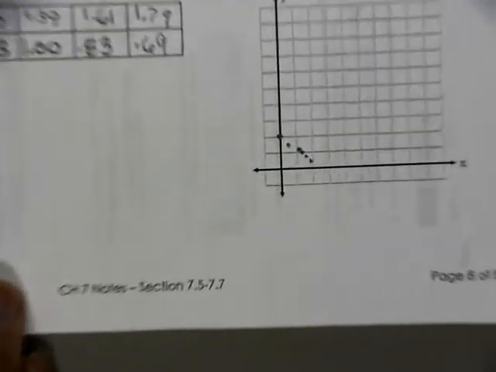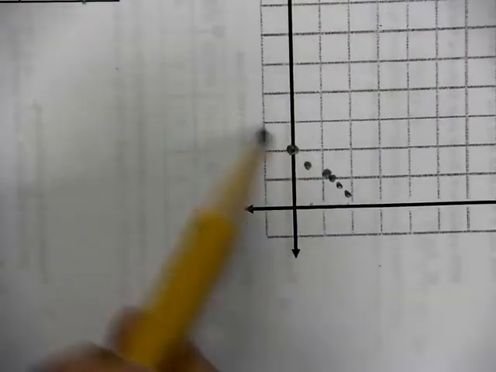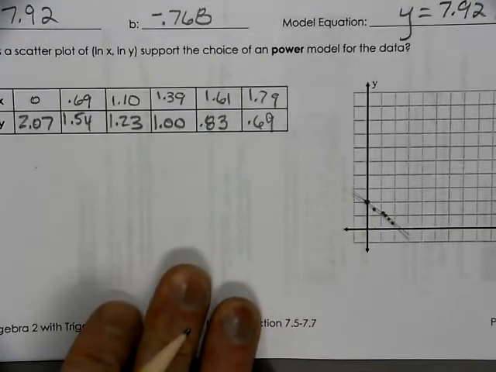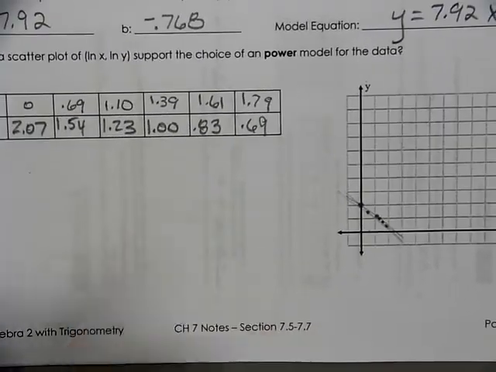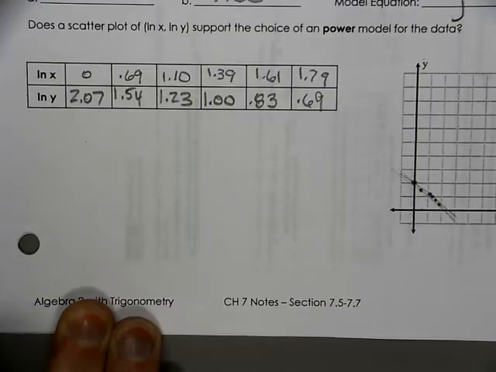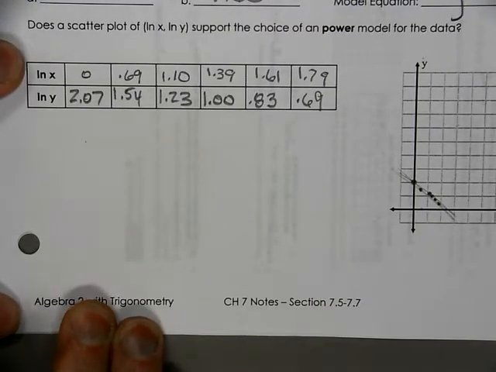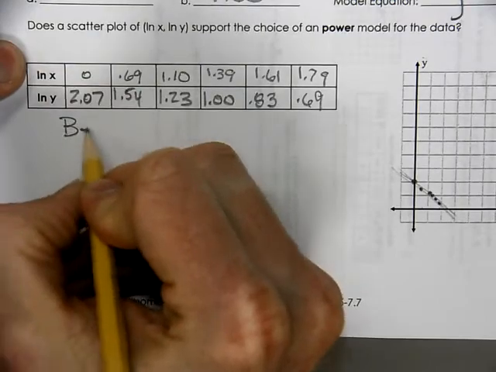So if you notice, if you kind of zoom in there, I'm just plotting points on a graph, but those are pretty linear. So that means that the data that they had in the beginning is actually a good representation of a power model. Okay?